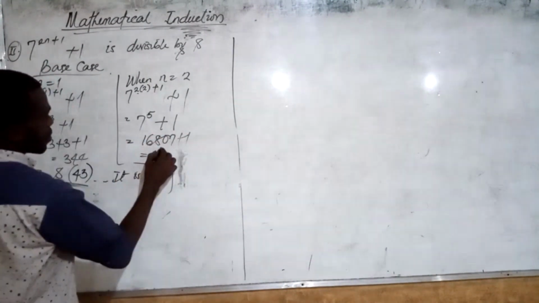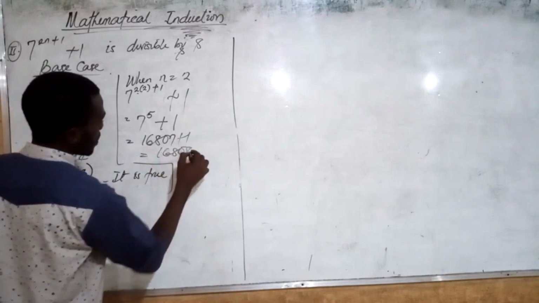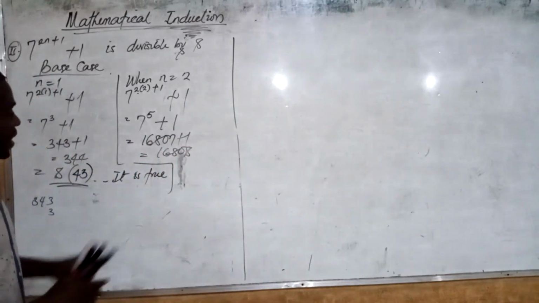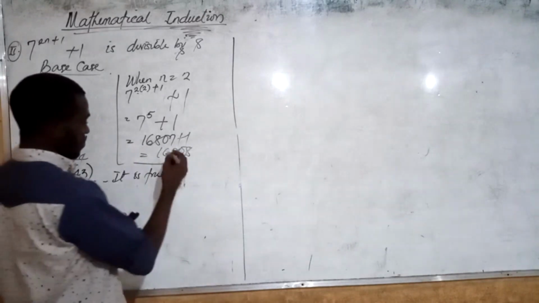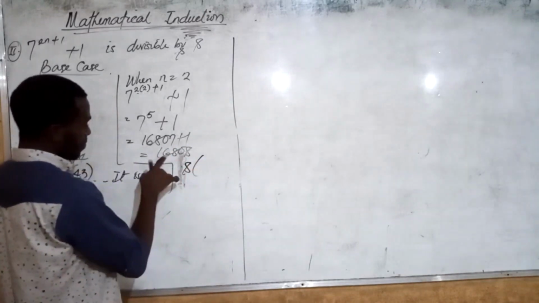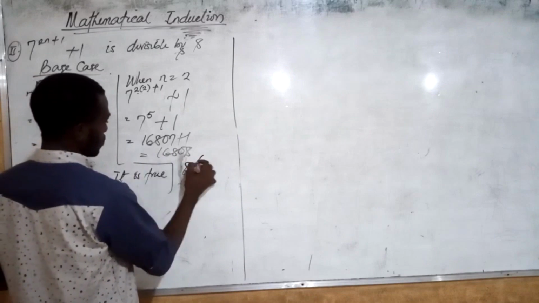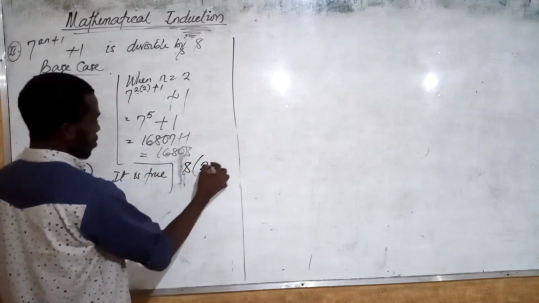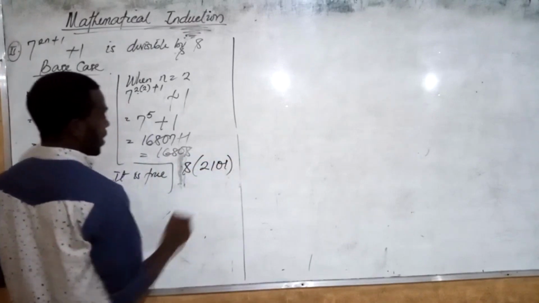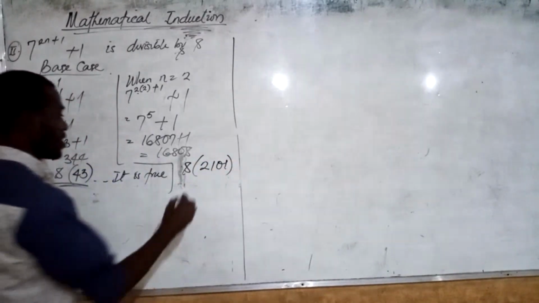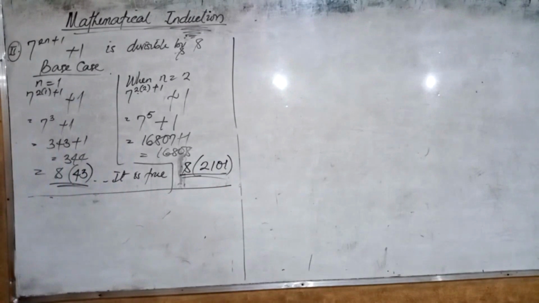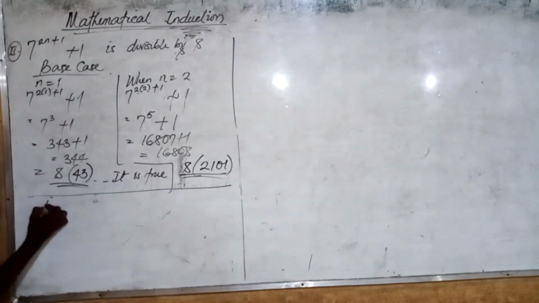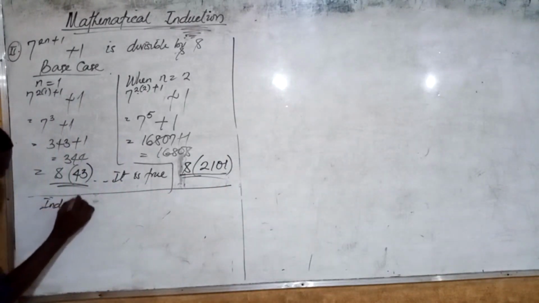This becomes 16808. Let's see if this is divisible by 8. We'll factor out 8, and we're going to have 2101. So it is actually divisible by 8. So we can go further to prove by the induction process. We have the induction step now.